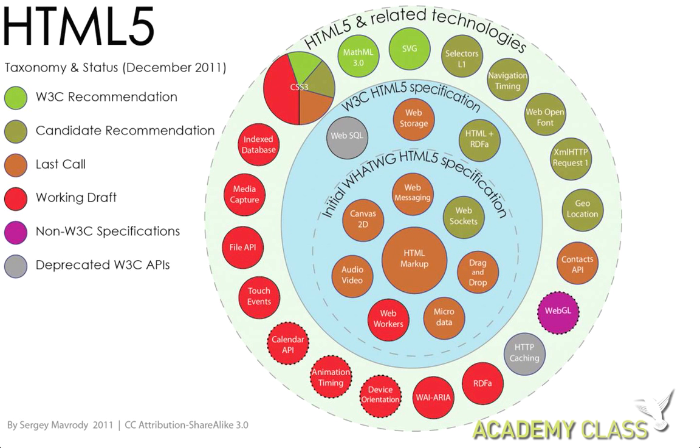Because initially, the WHATWG group had specified what HTML5 needed to be. And they started off by redesigning the HTML5 markup, the tags, the specs. And they've introduced some semantic tags into HTML5, which basically makes the HTML itself, its structure, more language orientated.